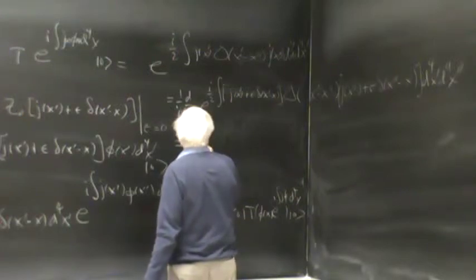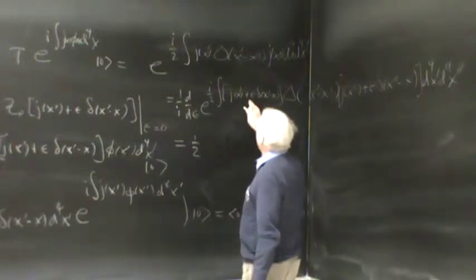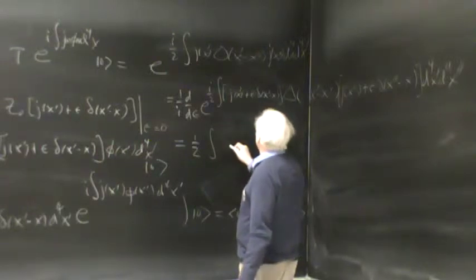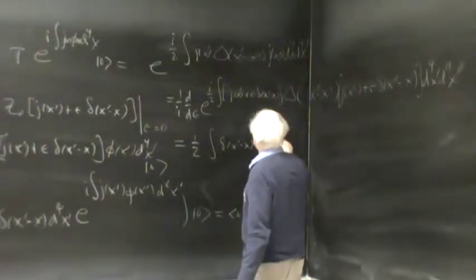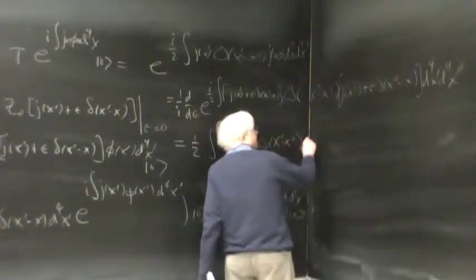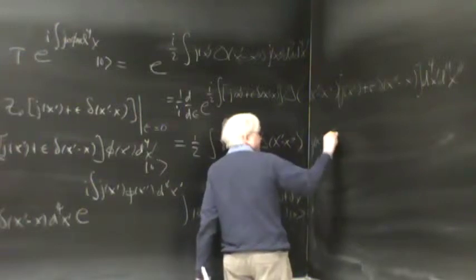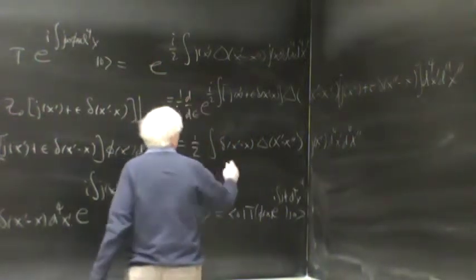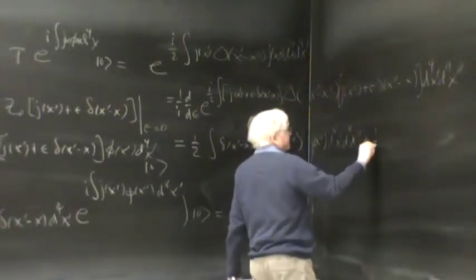Obviously the i's cancel, and so we get a 1/2 integral delta of x prime minus x, delta of x prime minus x double prime, and then we can just let this be j of x double prime, d4x prime, d4x double prime for the derivative with respect to this epsilon.